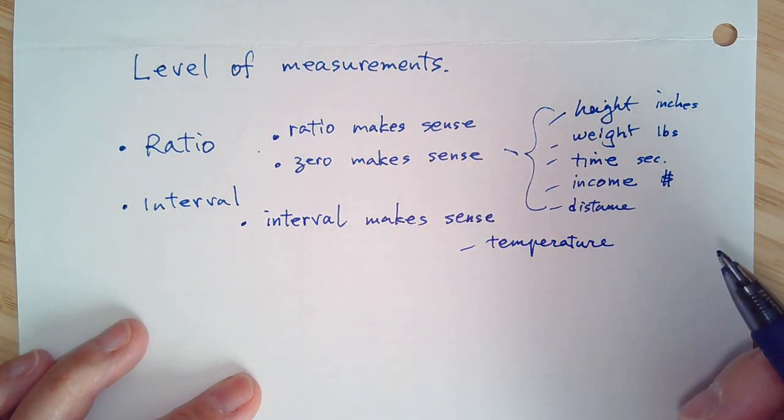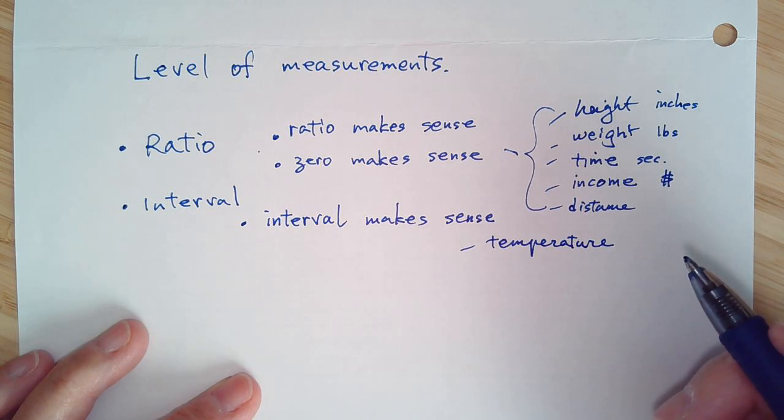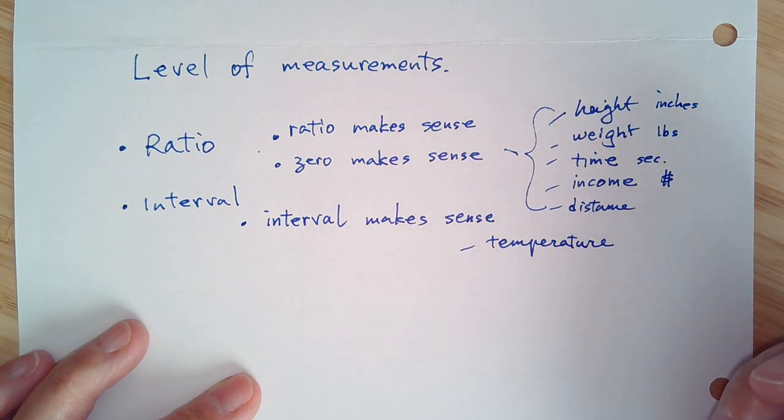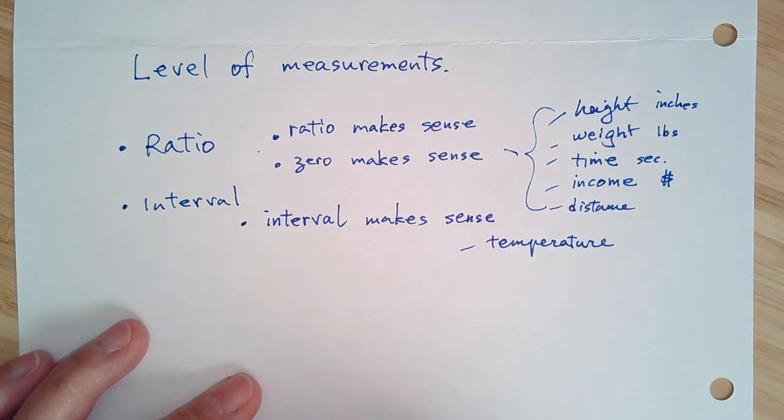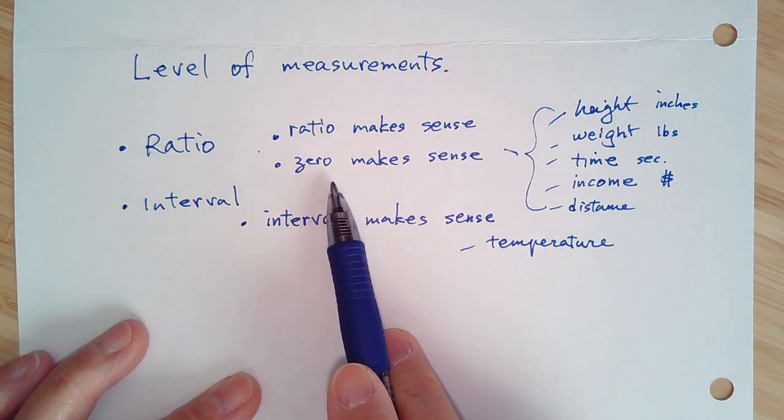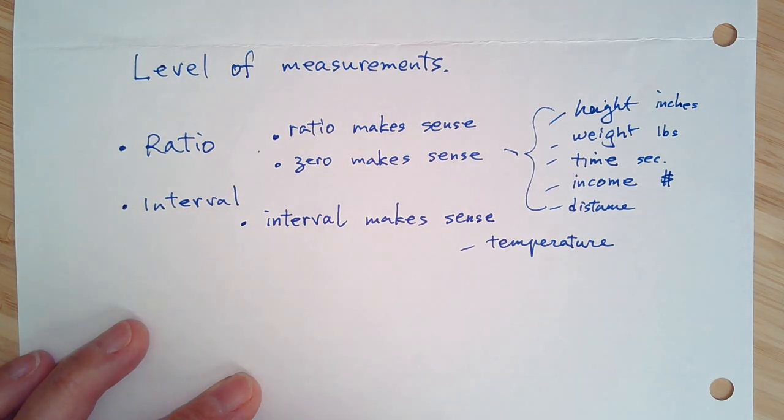Now is a temperature of 80 degrees twice as warm as 40 degrees? No. If that's the case, then we see, okay, ratio doesn't make sense. What about 0? Does 0 actually mean no? This 0 makes sense, that means 0 means no, nothing, okay? So 0 degree, it just means it's super cold. It doesn't mean there's no temperature.